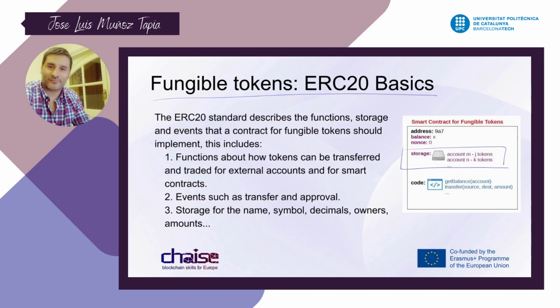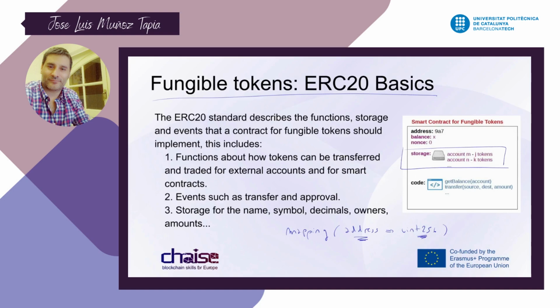We see that there is a mapping between each account and the number of tokens that we have. So this is the same structure that I used. It's a mapping. The main storage structure of an ERC20 is a mapping that goes from each address to an unsigned integer of 256 bits, meaning that for each address we have the amount of tokens that belong to this address.